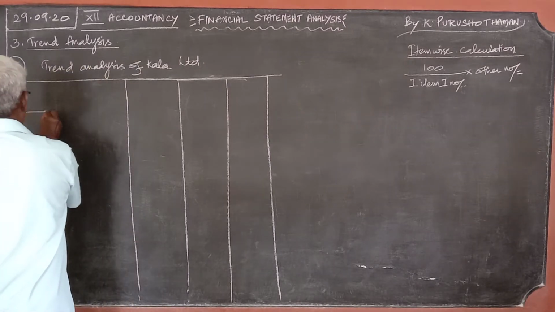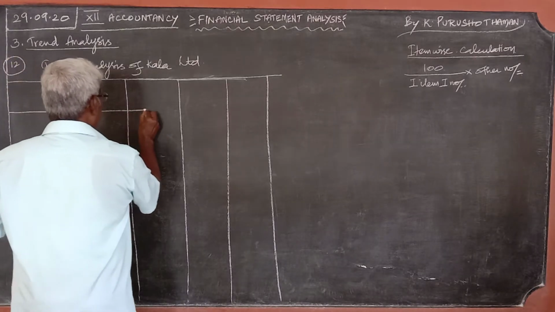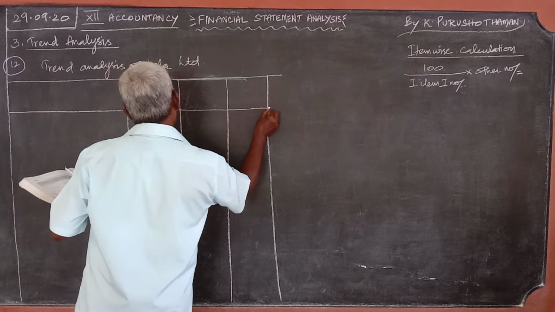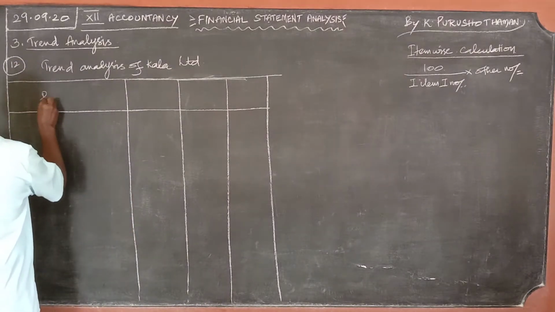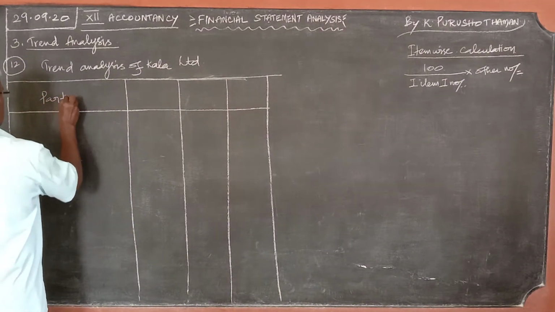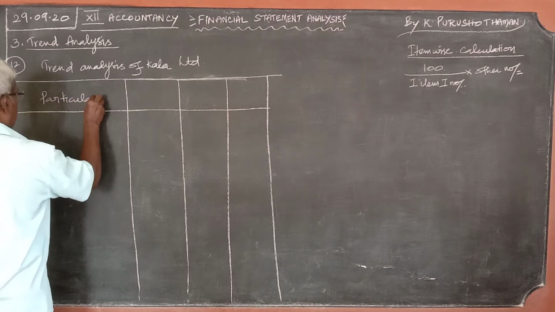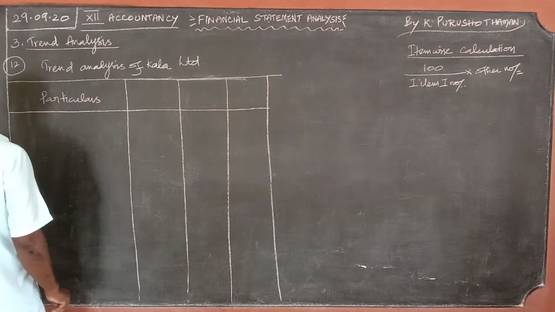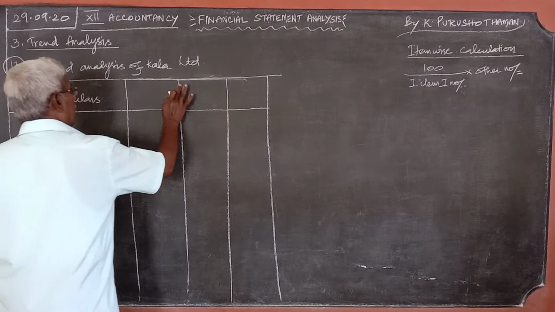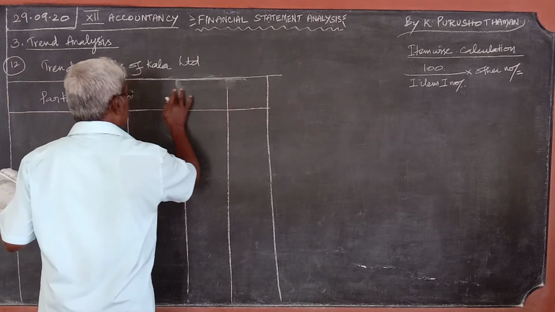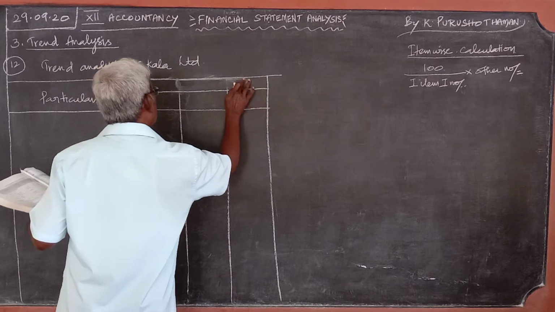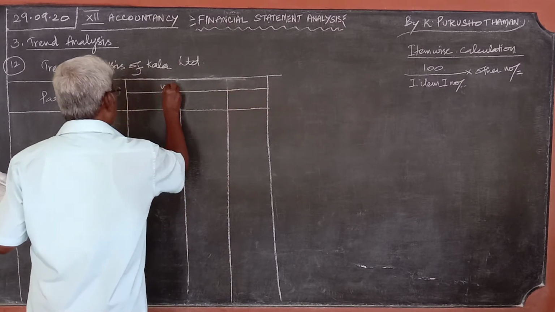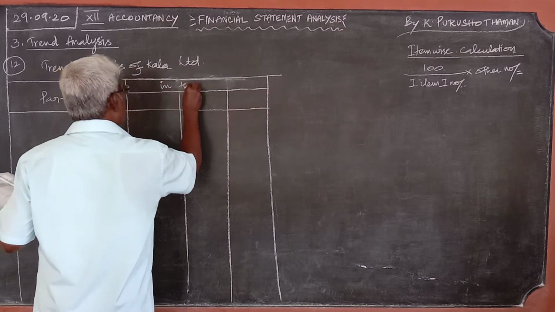So we can start with this. The first column, particulars. Then the next column: in the problem it is given in thousands.